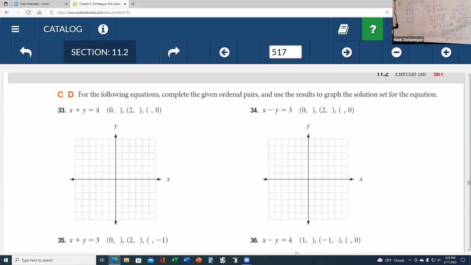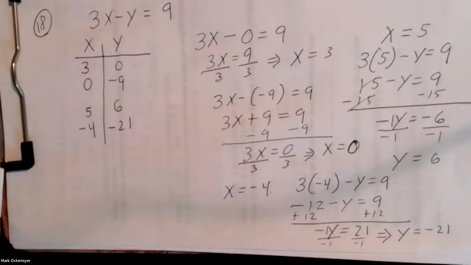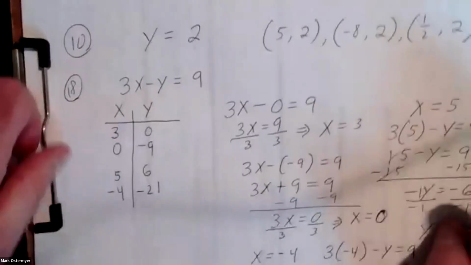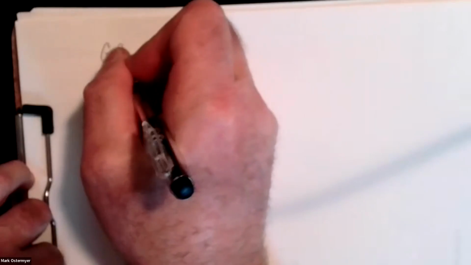So, ladies and gentlemen, what are we going to do with these linear equations besides just verifying whether ordered pairs are solutions? Well, where we're going with this is we're going to learn how to graph a linear equation.